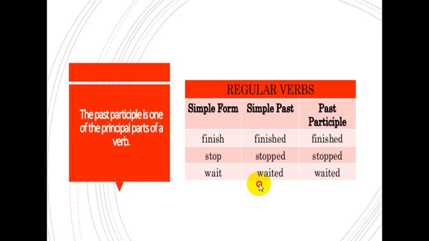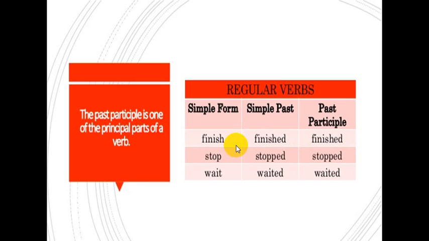Look at the first column here, simple form, infinitive, the verb finish. When I want it in past simple, I just added ed at the end of the verb, finished. The same in past participle, finished. Stop, stopped, stopped.